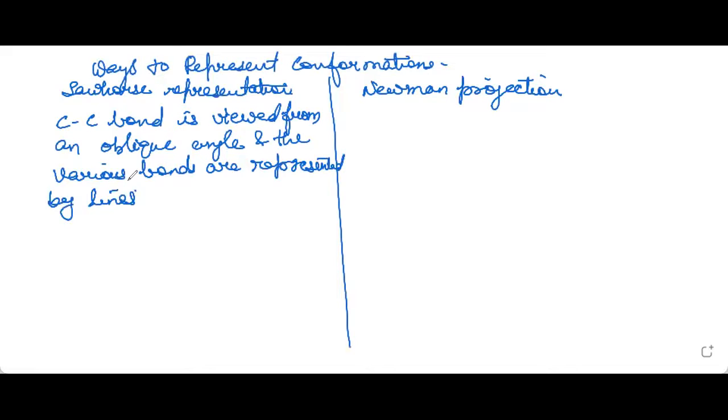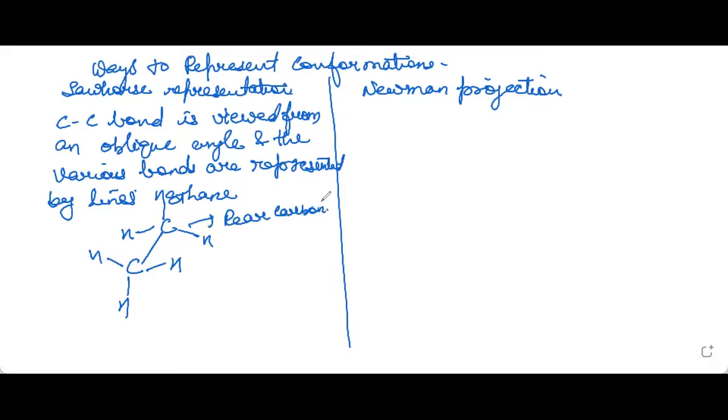So suppose we have to represent the conformations of ethane, CH3, CH3. It has a carbon-carbon single bond, so we will present it like this, and the 3 hydrogen atoms attached to each carbon will be represented by lines. This is the rear carbon on the upper right hand side. This is the front carbon on the lower left hand side.